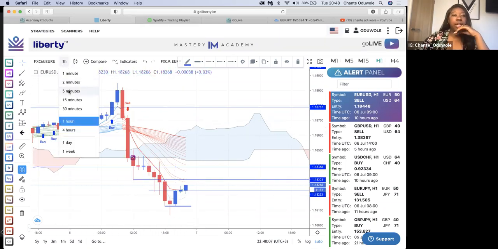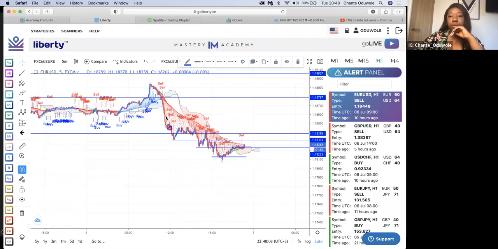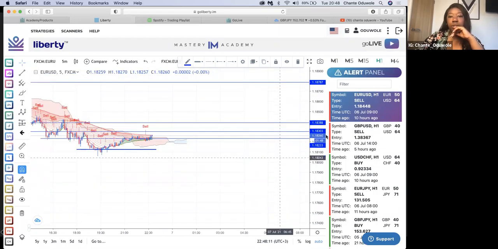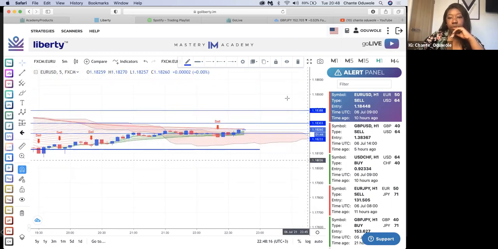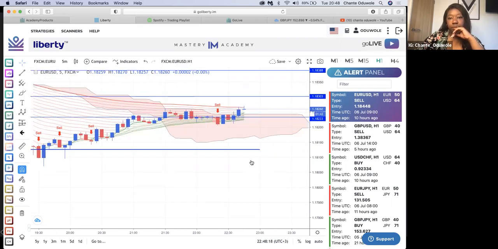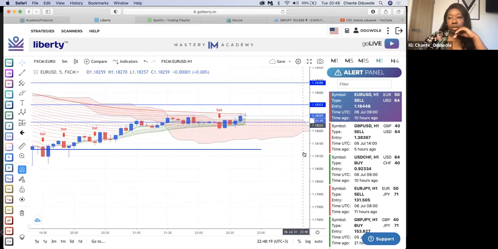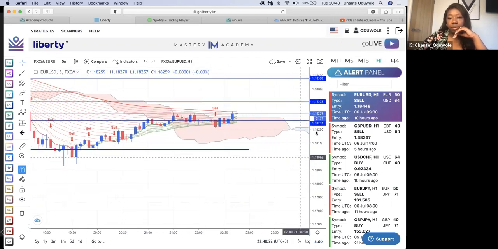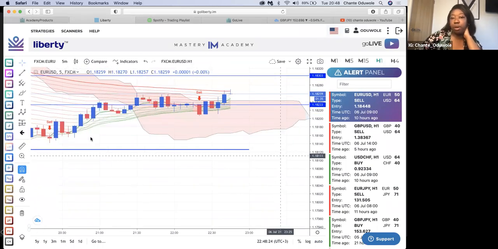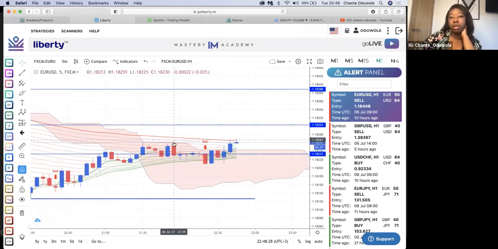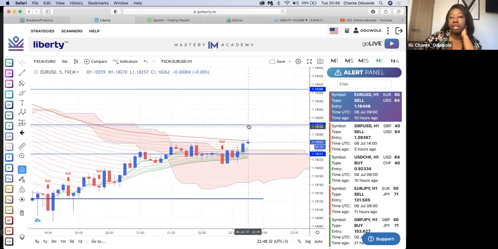Okay, so let's go and look at the 5-minute. See what price is currently doing. There we go. Okay, so currently where price is, because it's broken past this last area, I'd be looking to wait for a retest here before taking a sell.